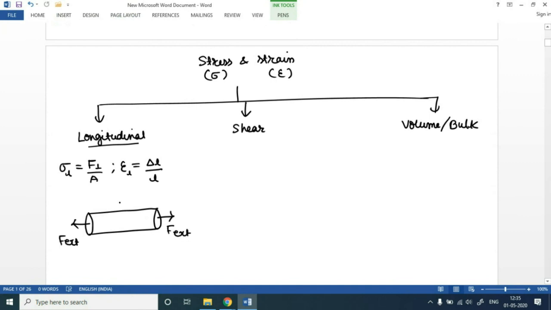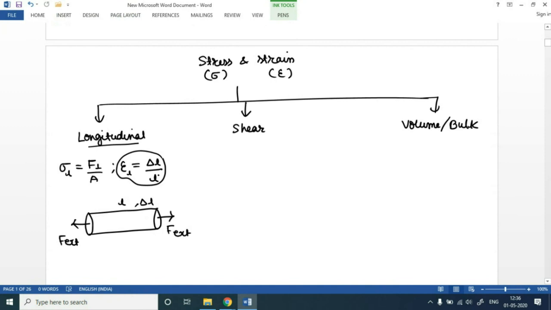Its initial length is, let's say, L, and under the stretching it will stretch by delta L. So you must realize how we are defining this strain: change in length upon the original length, so that is delta L by L.